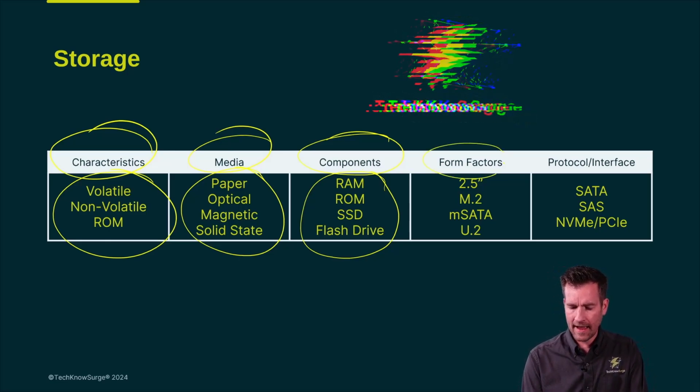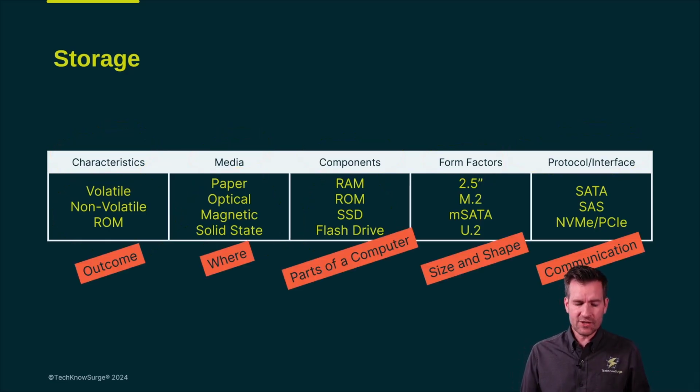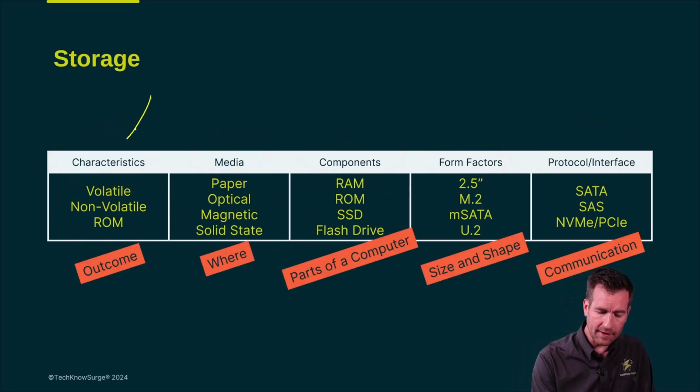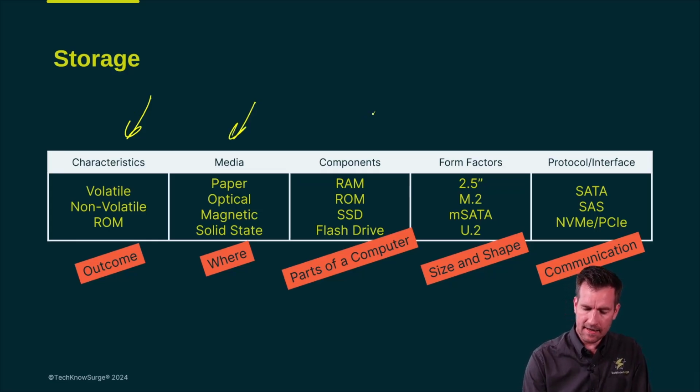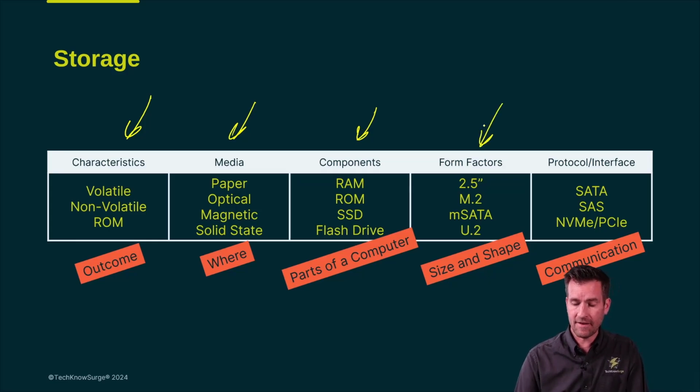There are different form factors, the size and shape of them, or there are different protocols such as SATA, SAS, and NVMe. For any storage device we have, we could point out the characteristics, the media, the components, the form factor, and the protocols or interfaces.